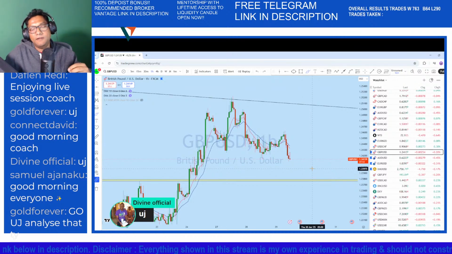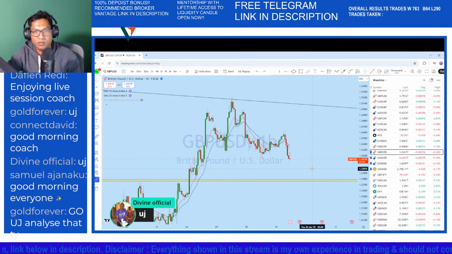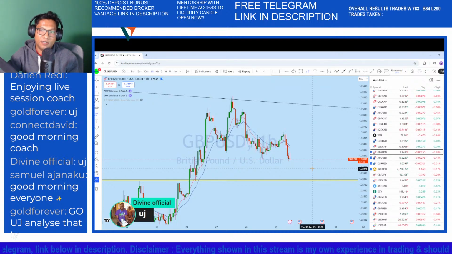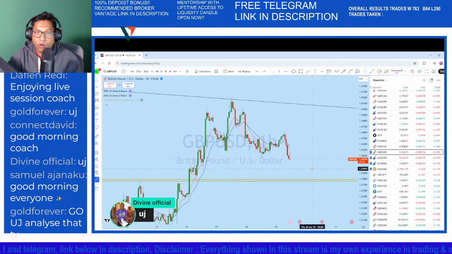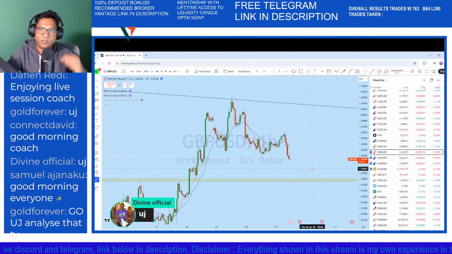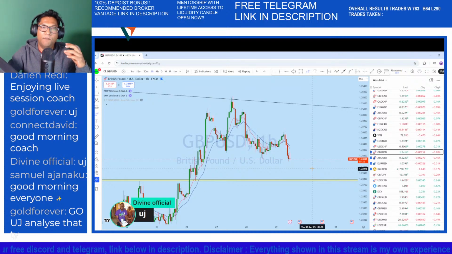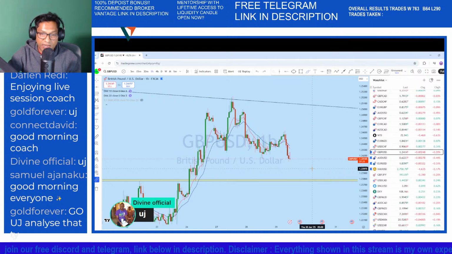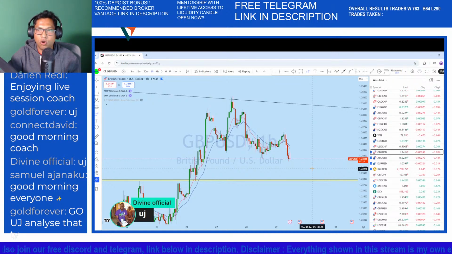So here, when we see a break of structure, that's where the opportunity is, guys. When you see the break of structure, again I'm repeating, that's where the liquidity grab is, that's where the liquidity candle formation is. That's the most interesting and the most profitable strategy that I use in my trading: break of structure.